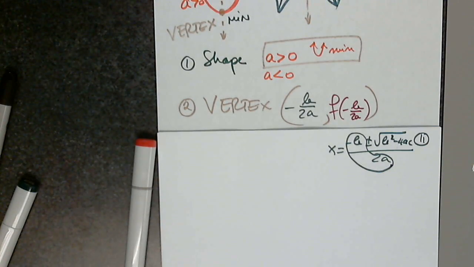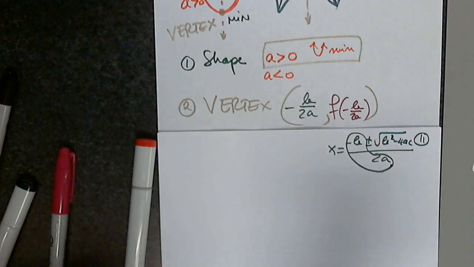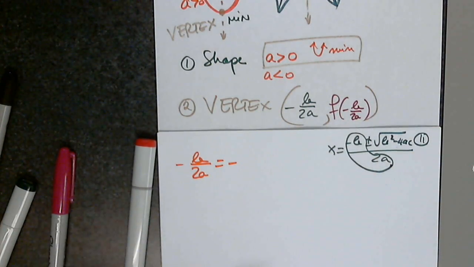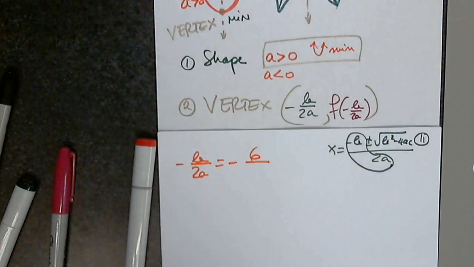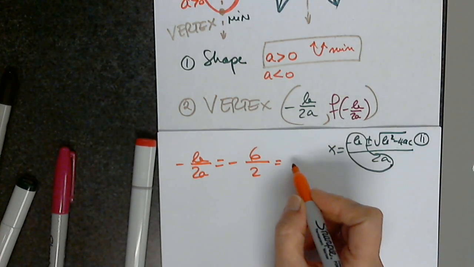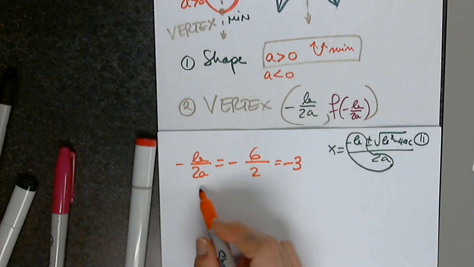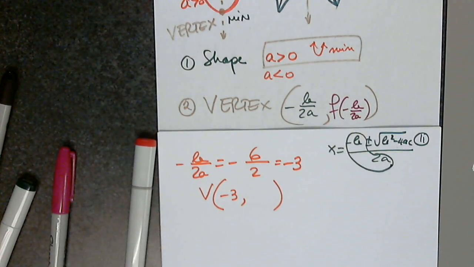So let's find the vertex. I start with finding the x coordinate. Negative b over 2a. How much is b? How much is 2 times a? Very good. So then how much is x? Perfect. So I have the vertex with the x coordinate of negative 3. Again, how do we find the y coordinate?